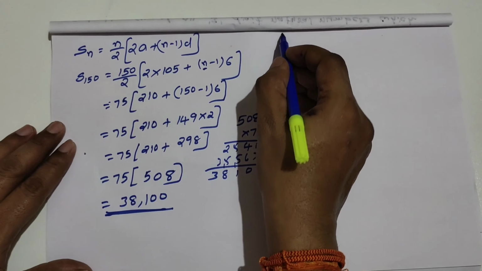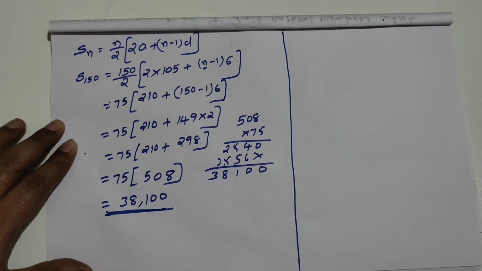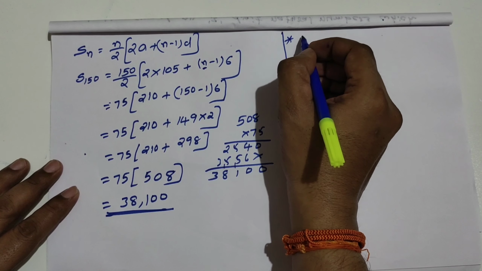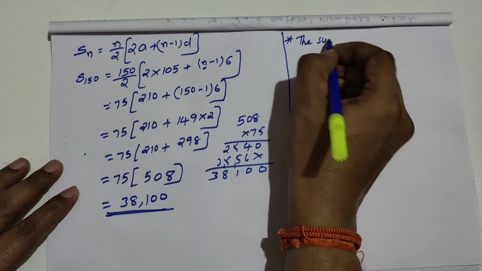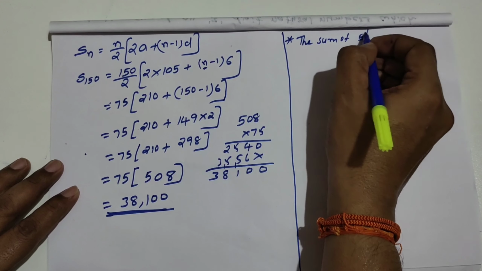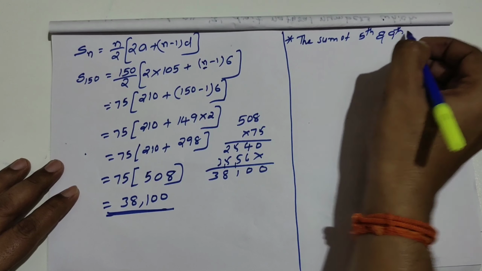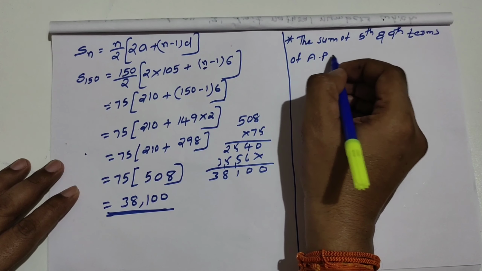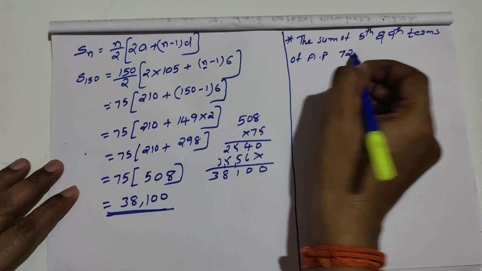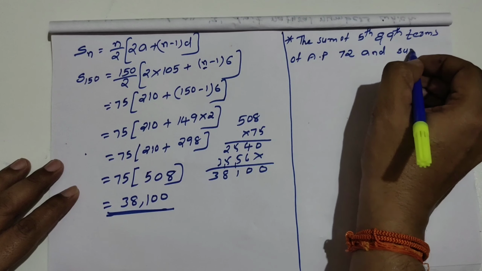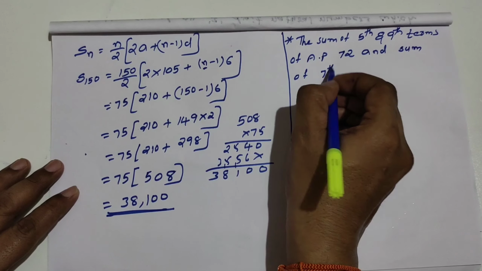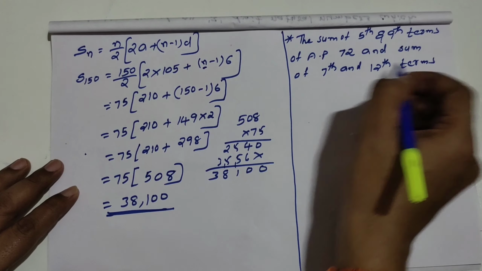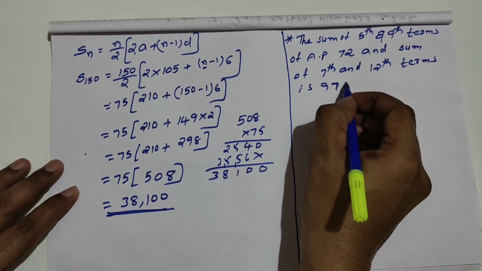Next, one more easier sum but important. The sum of the 5th and 9th terms of an AP is 72, and the sum of the 7th and 12th terms is 97.